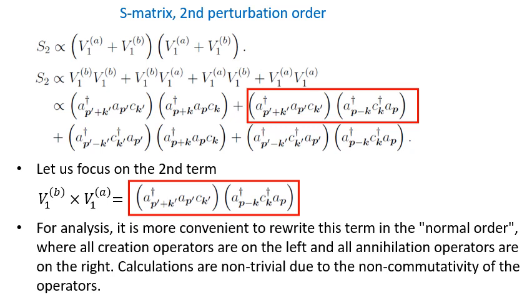Its analysis will be more convenient if we rewrite this product of creation and annihilation operators in the so-called normal order, in which all creation operators are on the left and all annihilation operators are on the right. This means that we have to move creation operators to the left. But this operation is non-trivial because operators do not commute with each other.